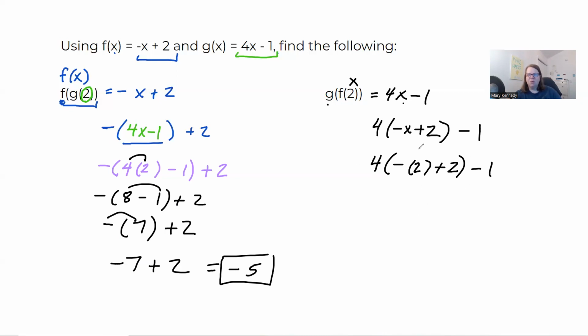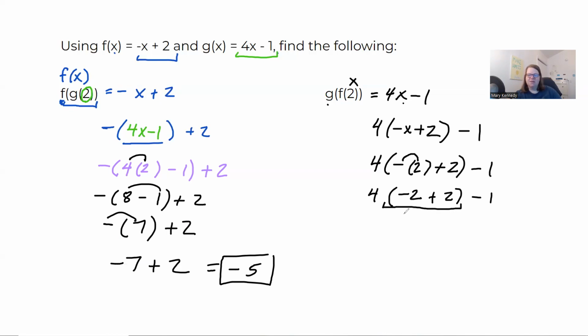All right, at this point, we're ready to simplify with order of operations. So I've got parentheses and then another parentheses here. The opposite of 2 is a negative 2. So we've got 4 parentheses, negative 2 plus 2, minus 1. All right, now we're going to do this parentheses.